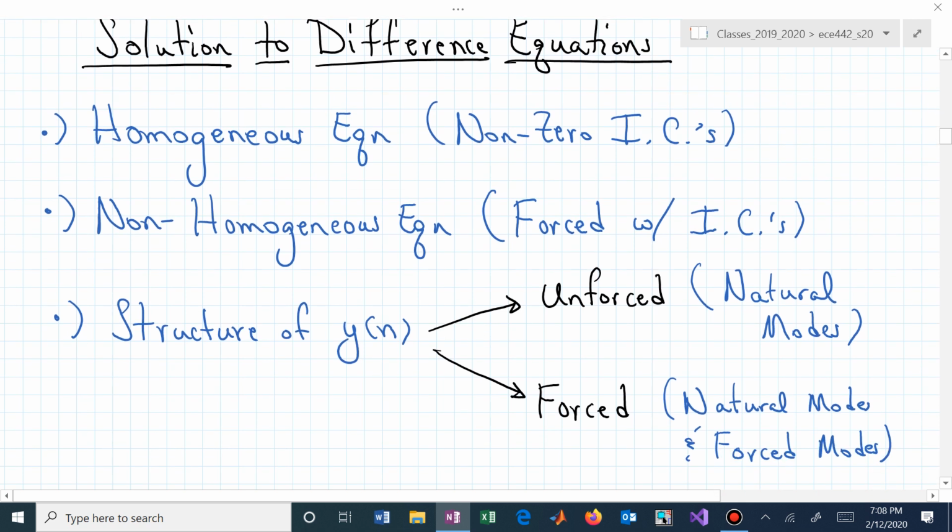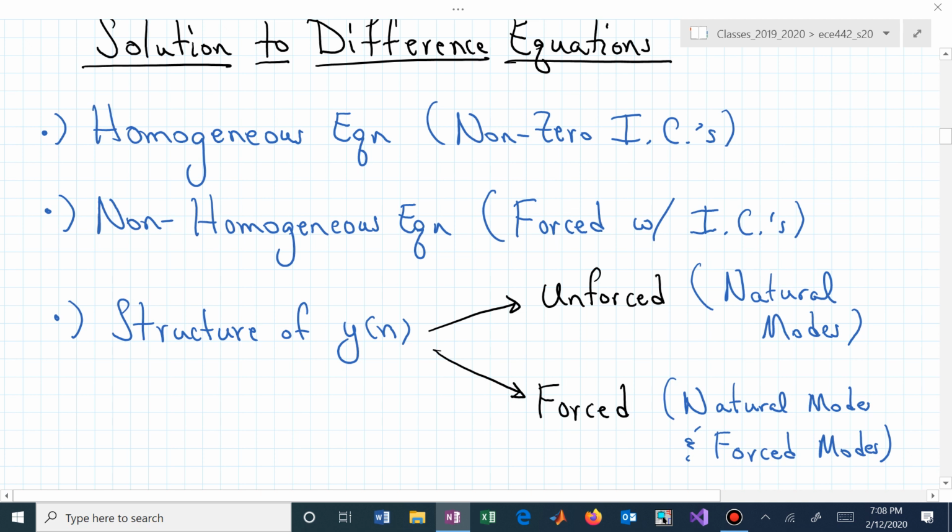I might ask you for simply the structure of the response. By that I mean you need to identify what's the frequency of the cosine, what's the exponential damping or the weighting, but the coefficients on those terms I don't need you to find or to evaluate if I'm just asking for structure.